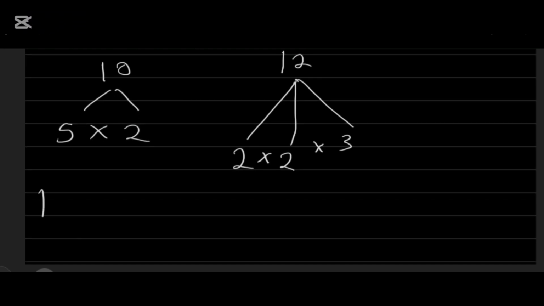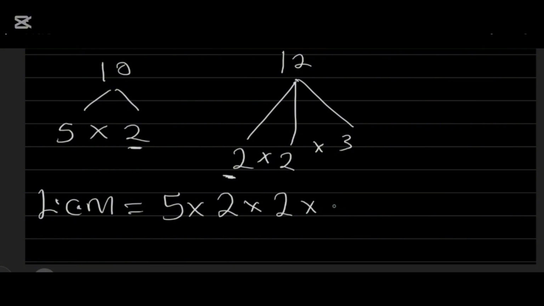So from this, our LCM is what? It is 5 times, but this 2 and this 2 are common, so we will just take 1. 2 times, then we take the next number we have, which is 2, and then times 3. This is our LCM.